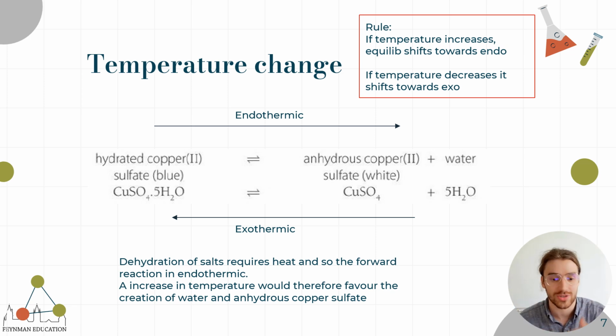So you increase the temperature, it will favor the forward reaction, the creation of water and anhydrous sulfate. But if we were to decrease the temperature, that would then favor the exothermic and the reverse reaction. And then there would be hydrated copper sulfate being made.